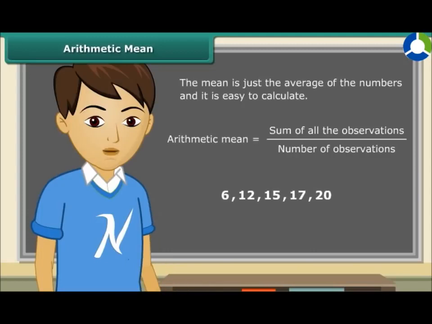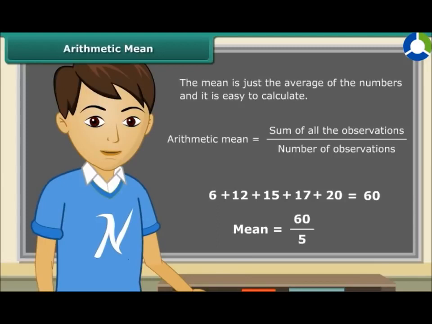Let us calculate the mean of these numbers. Add up the numbers first. The sum of these numbers is 60. There are total 5 numbers. So, the mean is equal to 60 divided by 5, which equals 12. Therefore, the mean of the above numbers is 12.